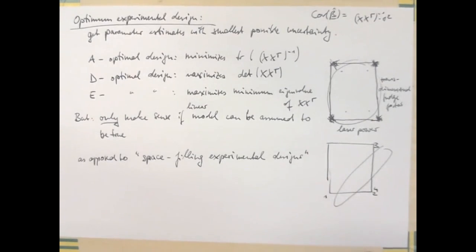And usually your experiments cannot realize that. So yes, it depends on what your apparatus can do, or where the experiment starts to get too expensive, or something like that.